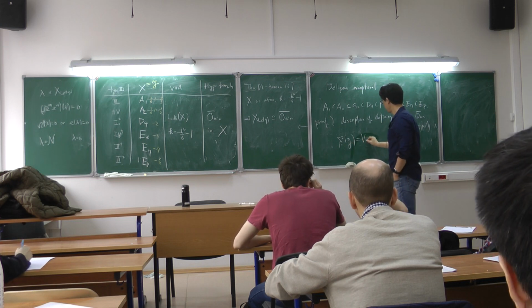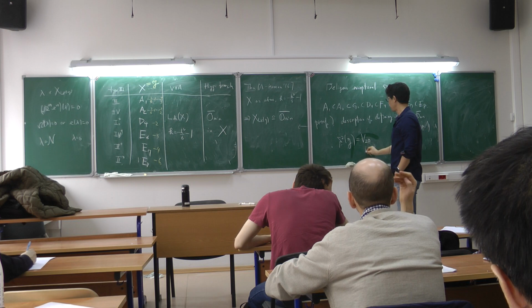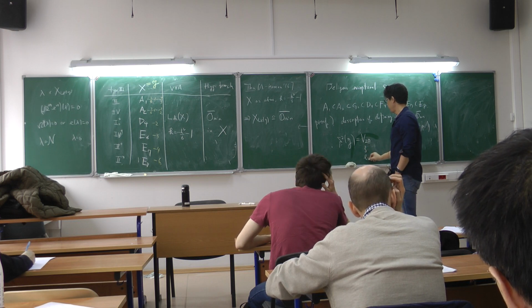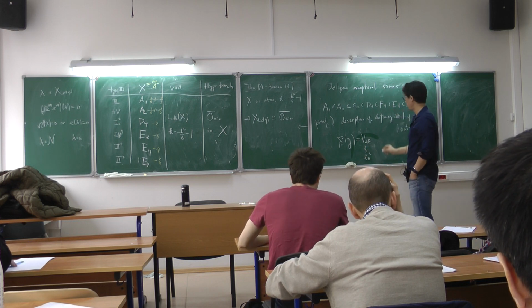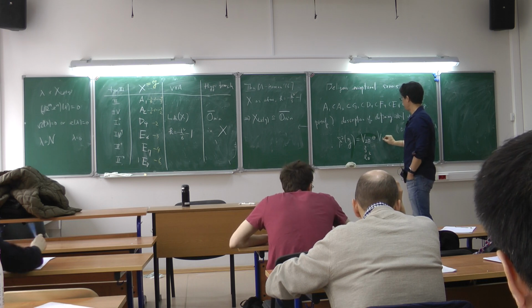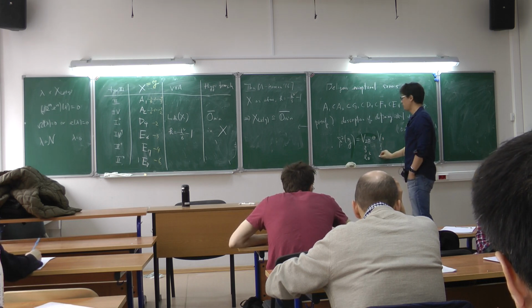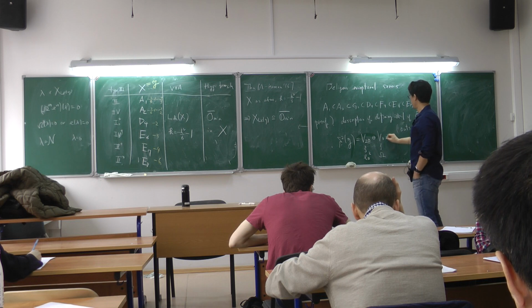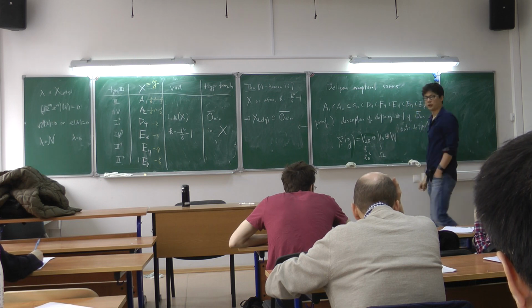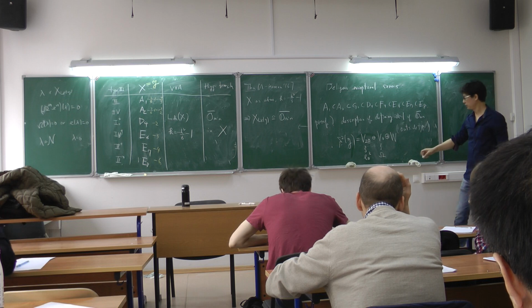It has this component, which corresponds to the square of V, and the trivial representation, which corresponds to the Casimir, and I denote the other components by W. It may have several components.